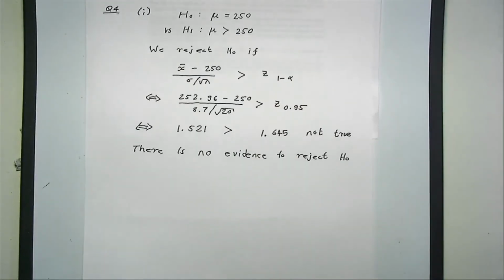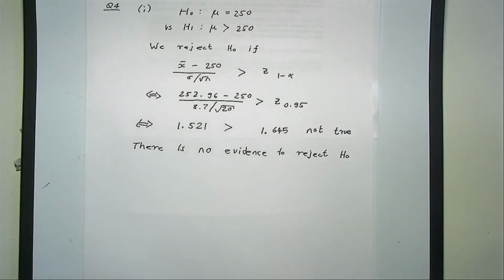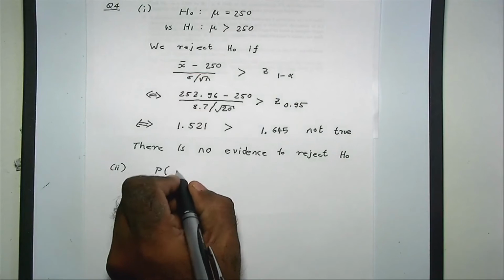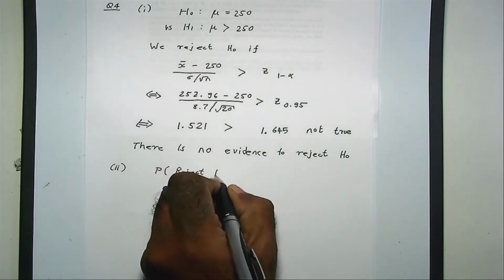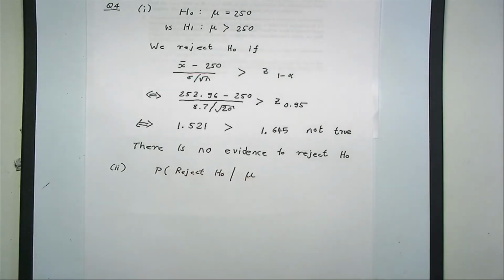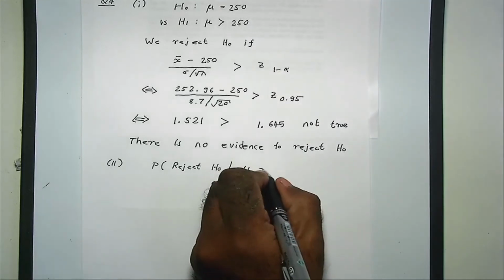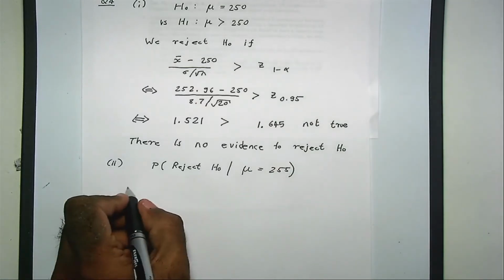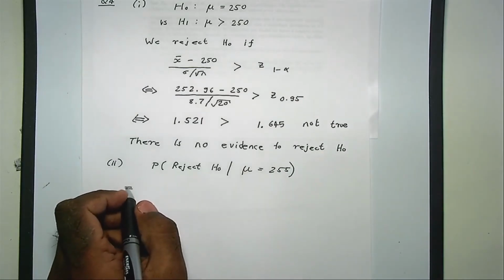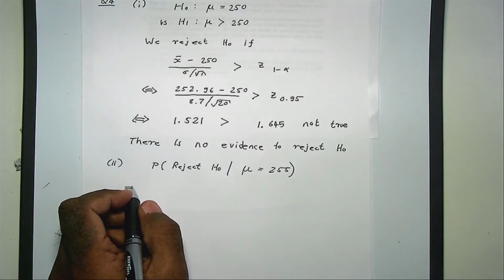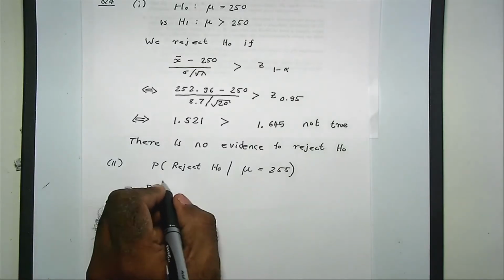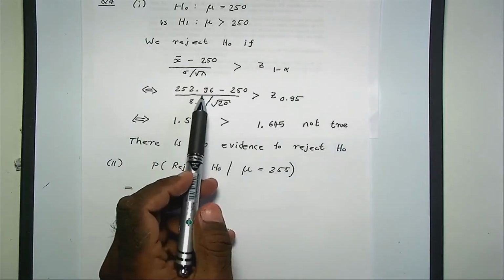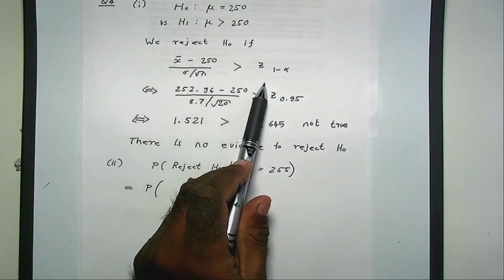So when the true mean is 255, this will be the probability that we reject H0 if this is the case.